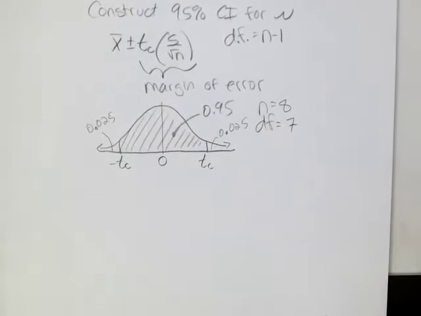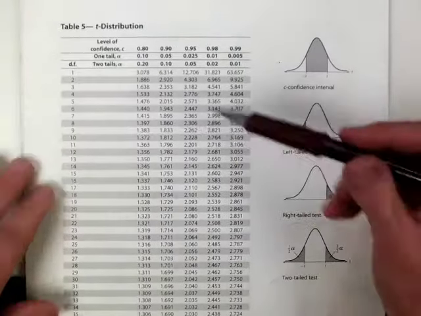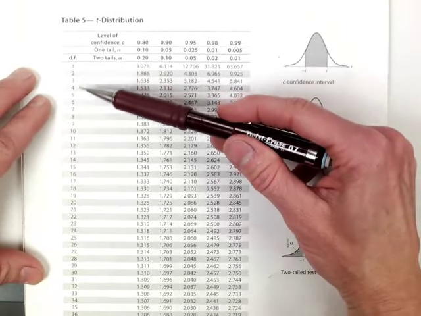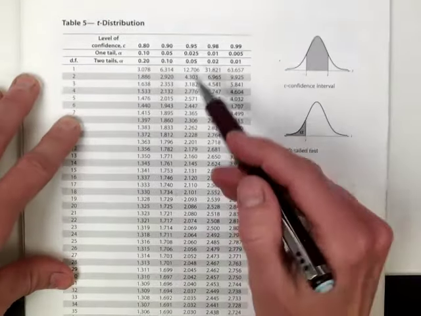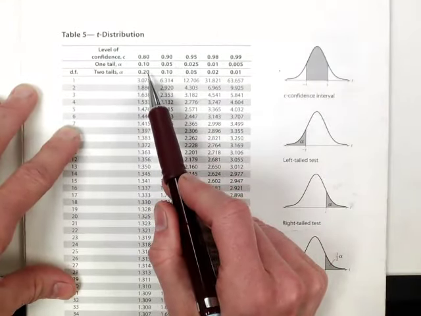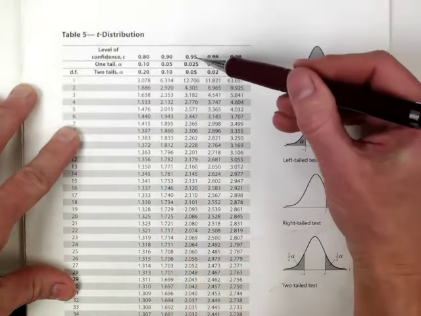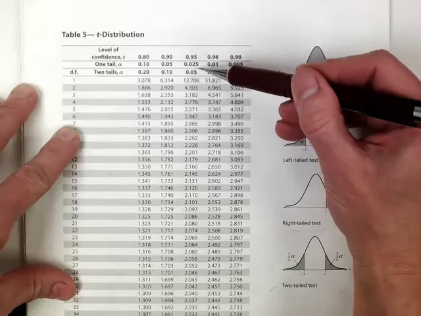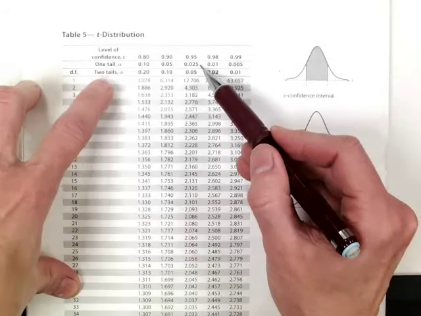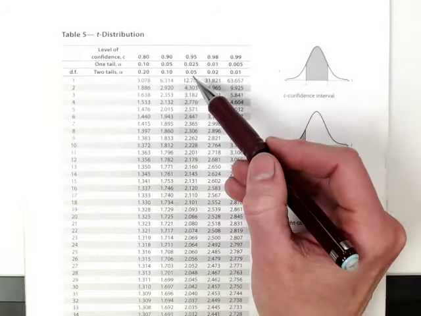So to get the critical value in the t-distribution table, I'll want to read down to my degrees of freedom, which in this case is 7. And we're going to read over so that we have a 0.95 level of confidence. And you'll see that right below it, it says 0.025 in one tail, and we have 0.05 combined between the two tails.